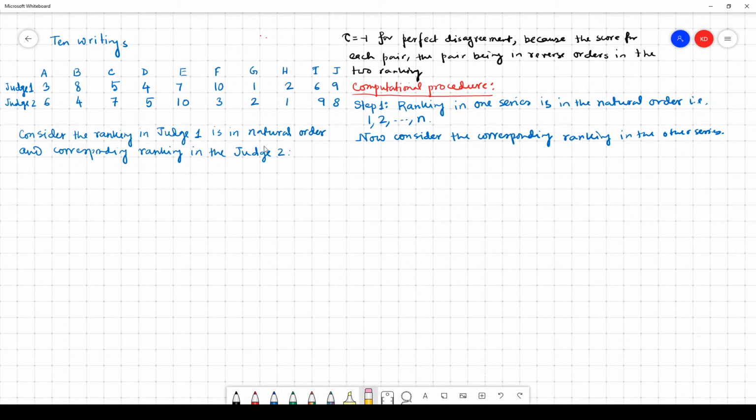Then I just write the rank of judge 2 corresponding to the rank of judge 1, which is written in natural order 1 to n.